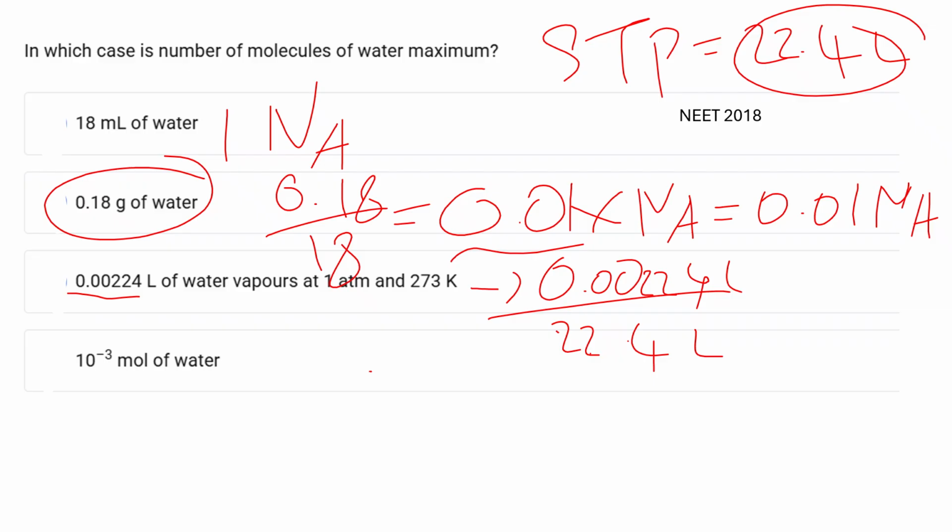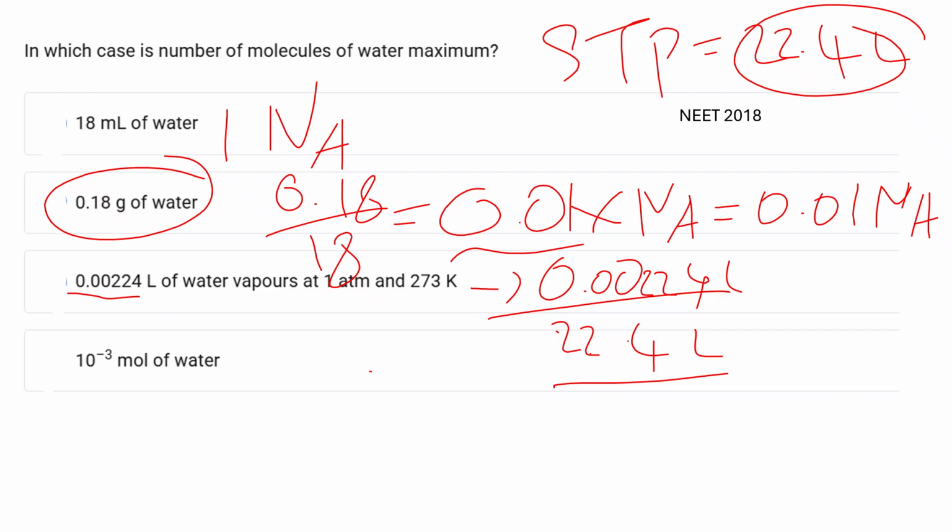Why are we taking this ratio? Because in general every species in the gaseous state occupies 22.4 liters, so we need to find how much volume is occupied by the water vapor with respect to STP.